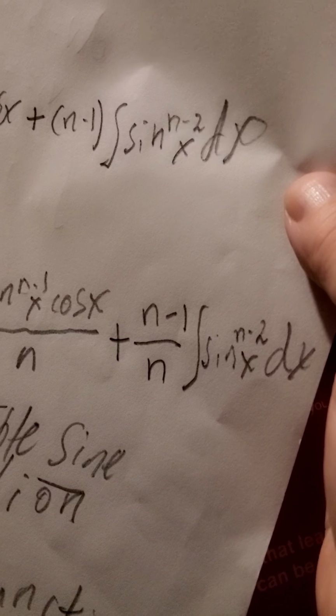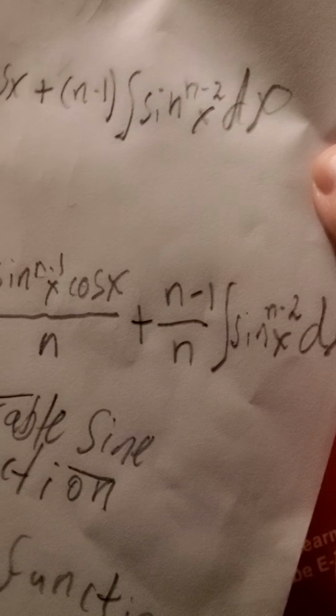So that was using the reduction formula. So I did it two different ways. I used the double angle formula, and I got the same answer both times. I got the integral of sine squared x dx equals 1/2 x minus 1/2 sine x cosine x plus c.